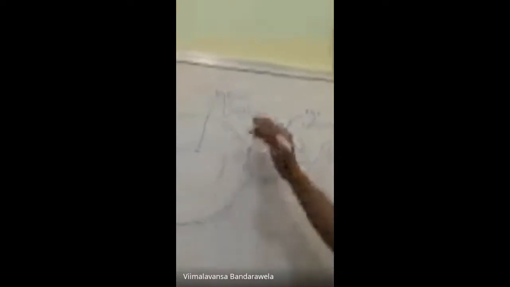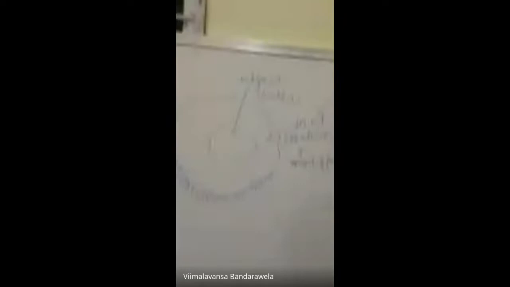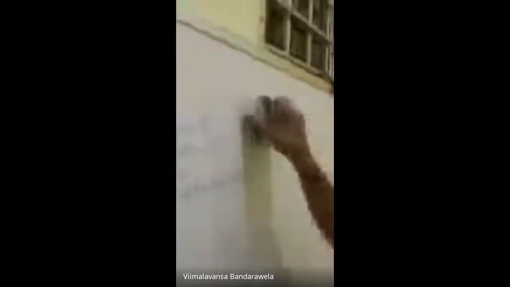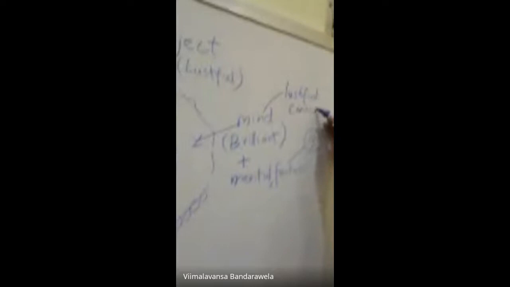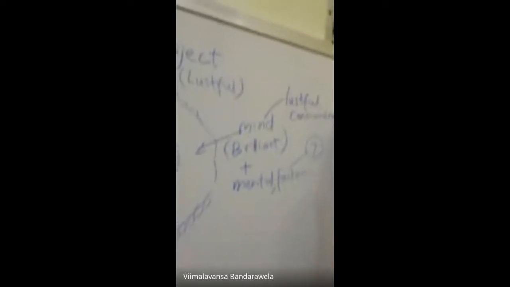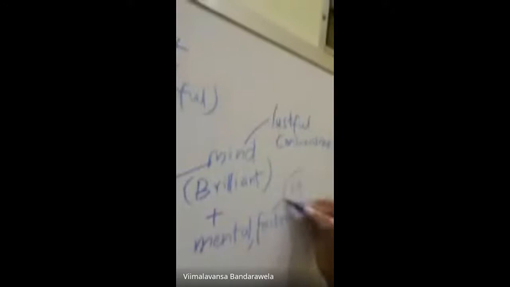In that way, if you have a lustful mind, the lustful consciousness, then how many mental factors? Not 7 mental factors. You have 19 mental factors, right?